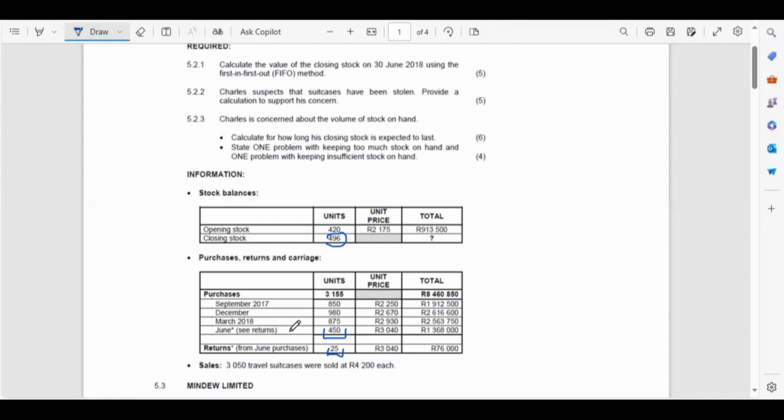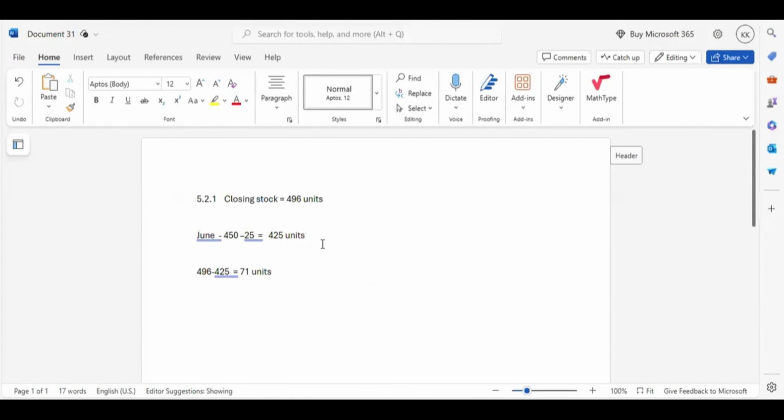So it's going to be 425 plus 71 from March, and in total it would make 496 units. Because these were the latest stock purchased, the stock which is going to be sold afterwards. So now we know that out of this 496, 425 units are from June, and 71 units are from March.